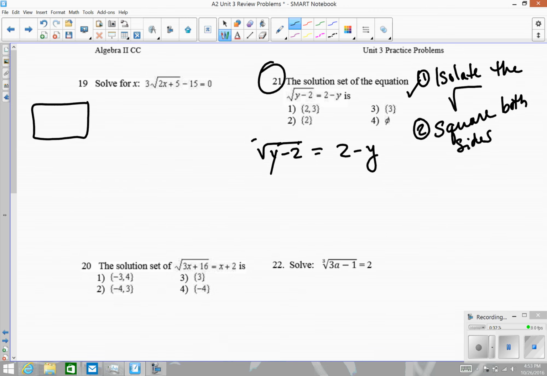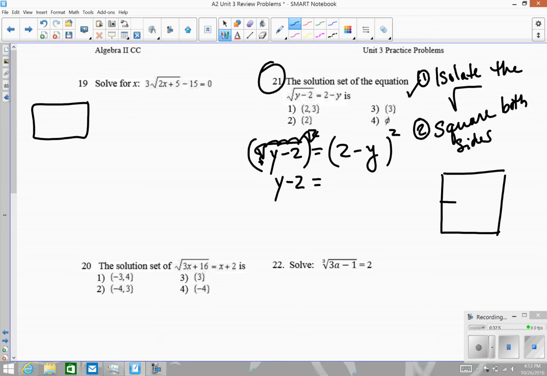I'm going to square each side. So I'm putting parentheses around everything on each side of the equation together, and I square them. And squaring a radical cancels out that radical, and I get just y equals 2 minus y, the quantity squared. It's a binomial.